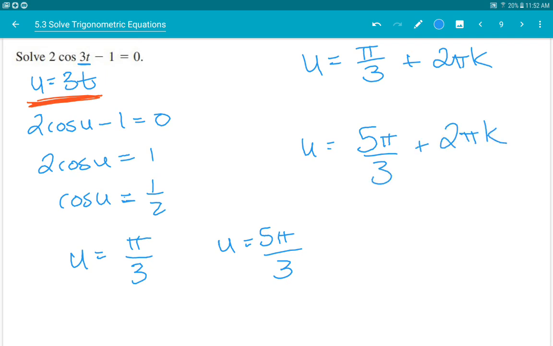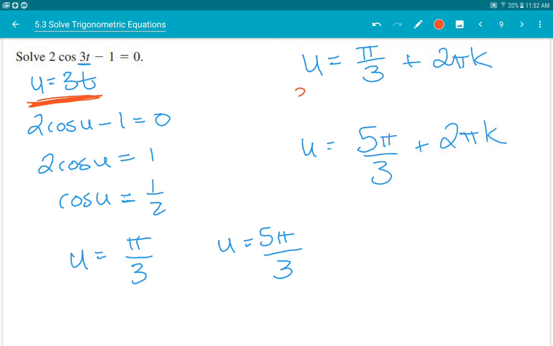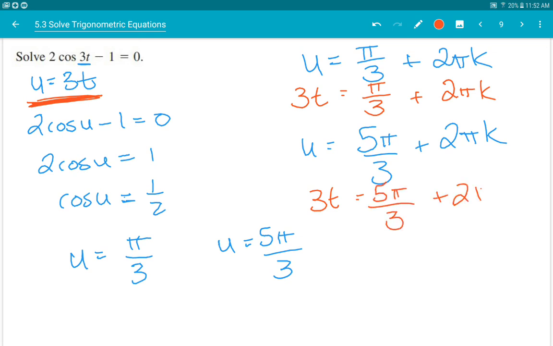Now what I'm going to do is substitute 3t for u. So 3t is equal to pi over 3 plus 2 pi k, and 3t is equal to 5 pi over 3 plus 2 pi k. Now, I don't want to just know what 3t is. I want to know what t is going to be equal to.